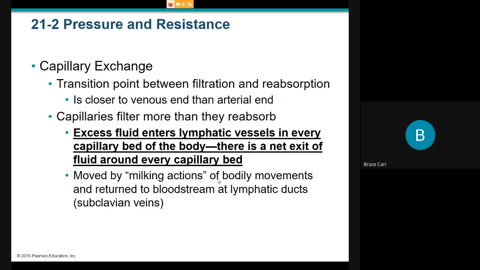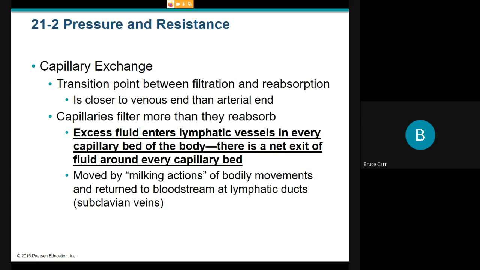Now, the transition point between filtration and reabsorption is actually a little closer to the venous end than the arterial end. And one of the surprising things we discovered about capillaries is that more water leaves the capillary bed than re-enters the capillary bed.